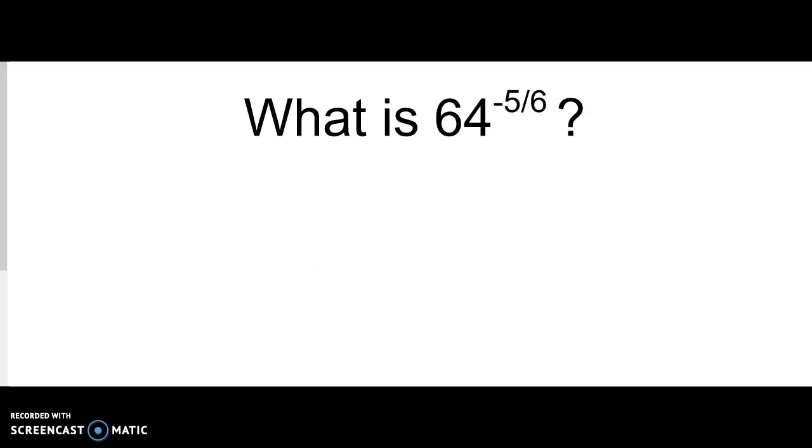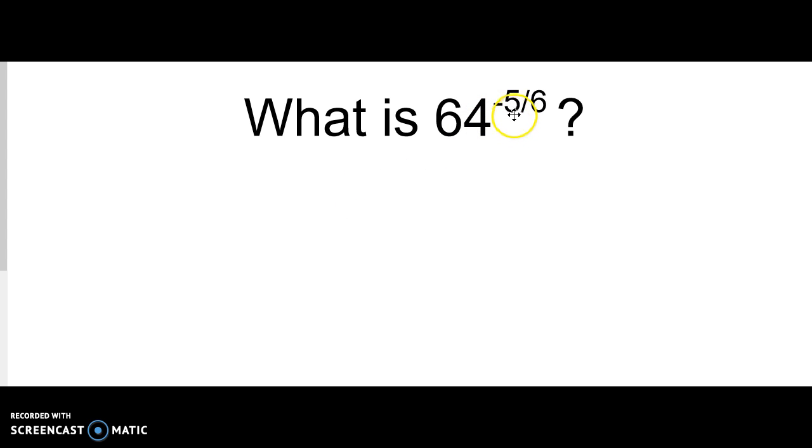Okay, so now let's take a look at exponents and what each of these little symbols means, the negative sign, the 5, and the 6. So when you look at an exponent like this, I want you to think about these 3 things as being instructions. And each one has a certain purpose, okay? So the negative sign is the thing that says I'm going to flip the fraction.